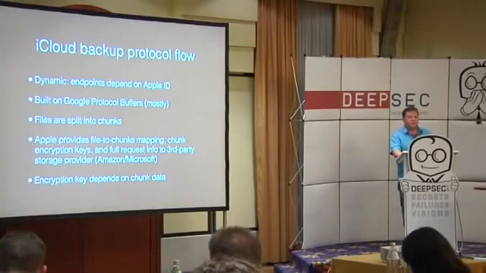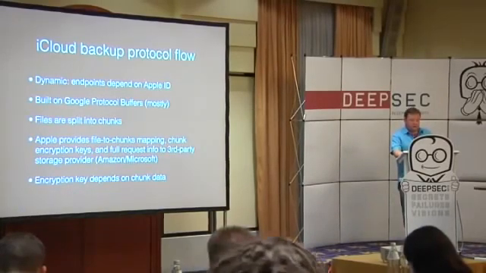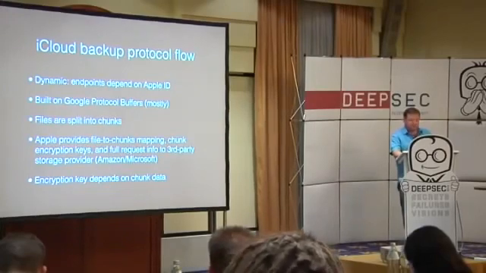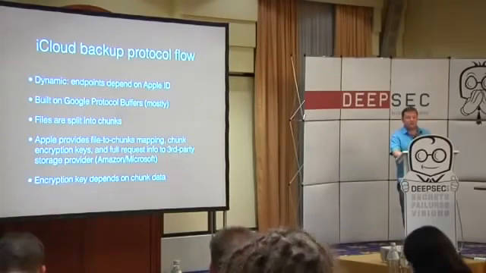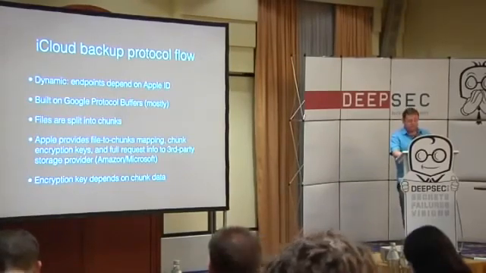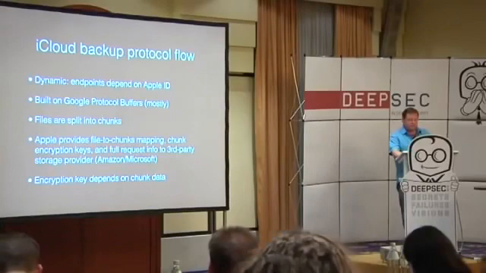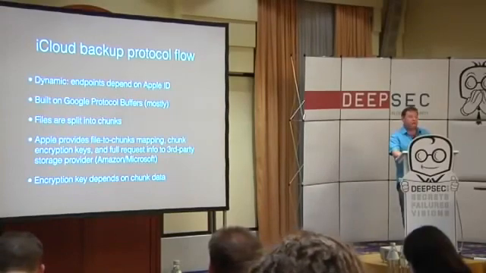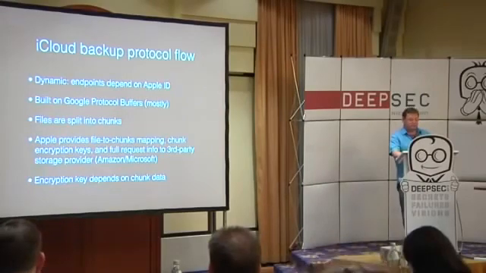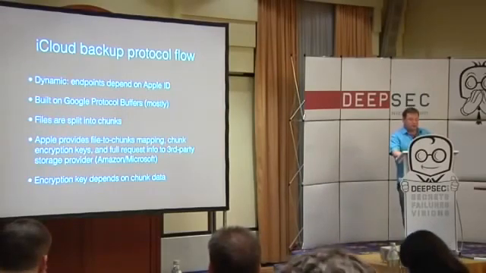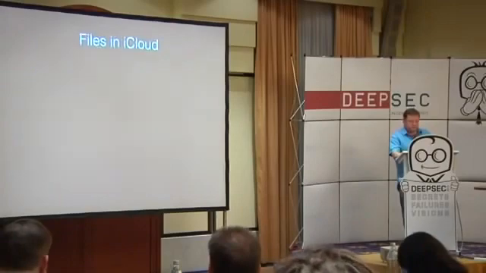These are portions of data of a variable size, and Apple provides a file-to-chunks mapping using a kind of XML files, and every chunk is encrypted using its own encryption key. The encryption key depends on the chunk data, and all the chunks are stored not in the Apple data centers, but on Amazon cloud and in Microsoft cloud.